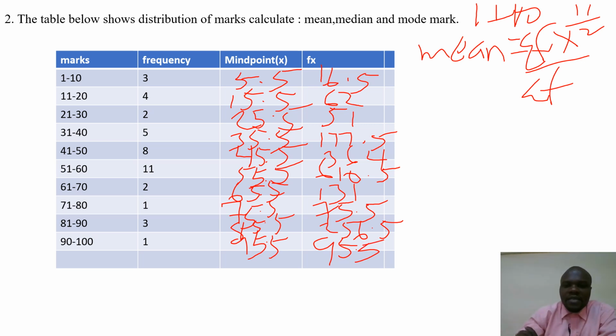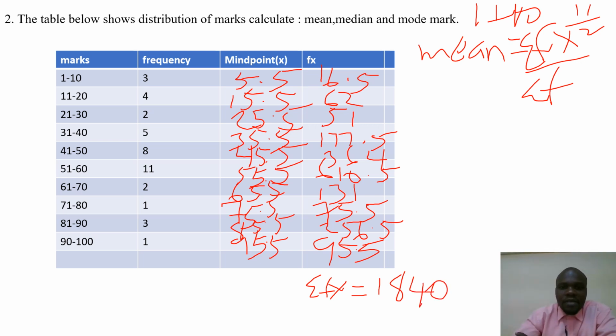The next thing, we get the total fx here, which, if you add this, gives us 1,840, and the column f is equivalent to 40.